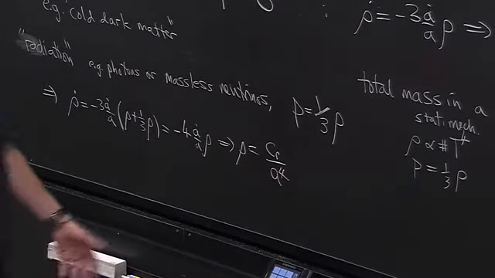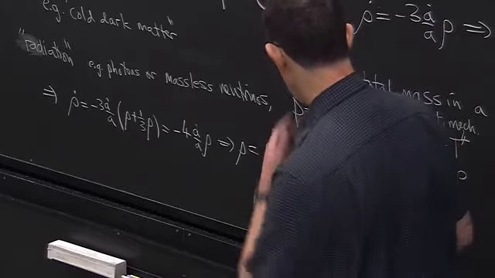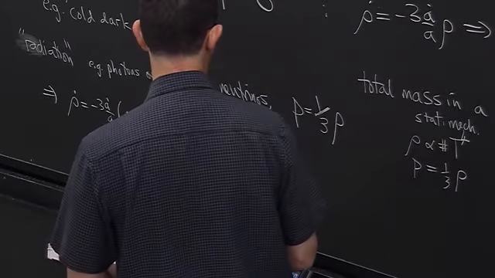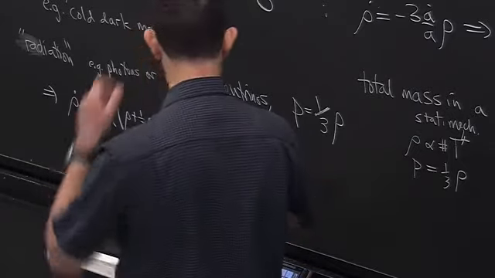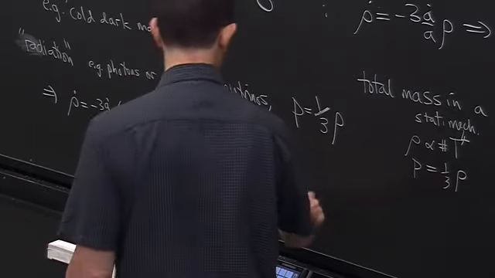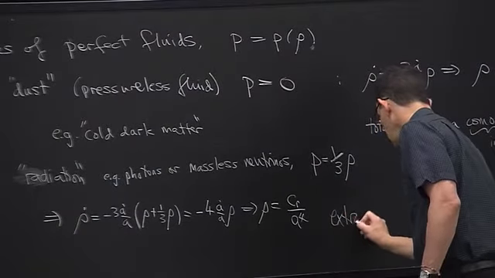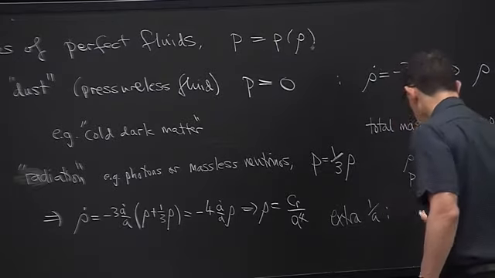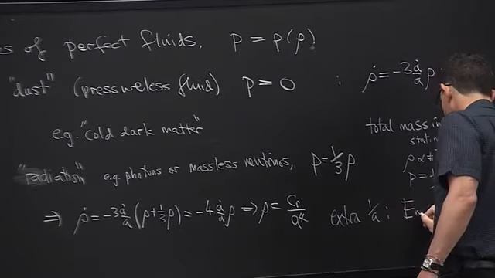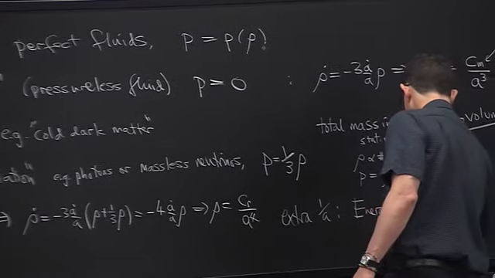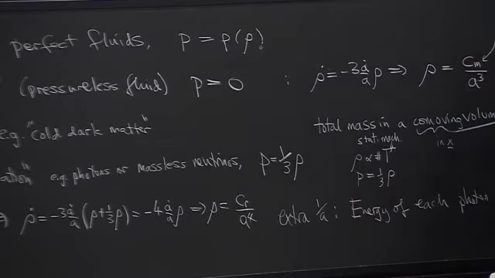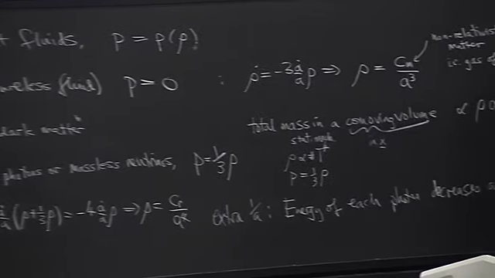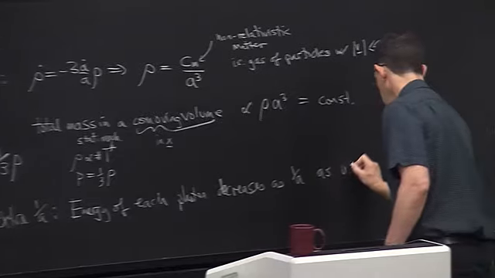So the constant measures the density of the radiation when the universe has a certain size. The density scales as 1 over a to the 4th. Note there's an extra power of 1 over a, and one can understand that extra 1 over a because the energy of each photon decreases as 1 over a as the universe expands.